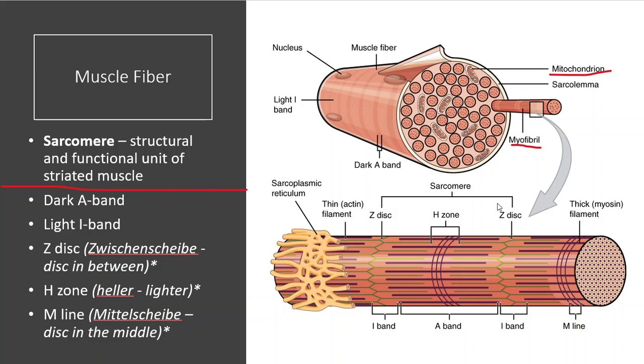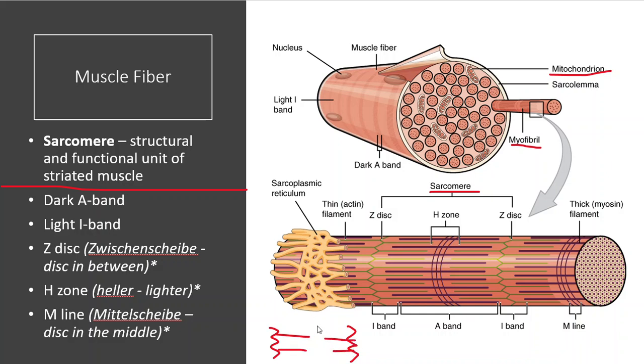Then we have the sarcomeres. Sarcomeres are the subunits of the myofibril. This is the most basic contractile unit you have. I'm not going to draw on that. I'll draw over here. But basically, it mirrors what I showed you guys on the previous slide. Only these zigzags are called Z-disc. And that's what these thin filaments are connected to.